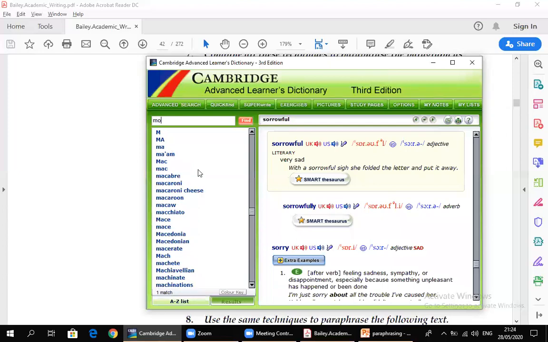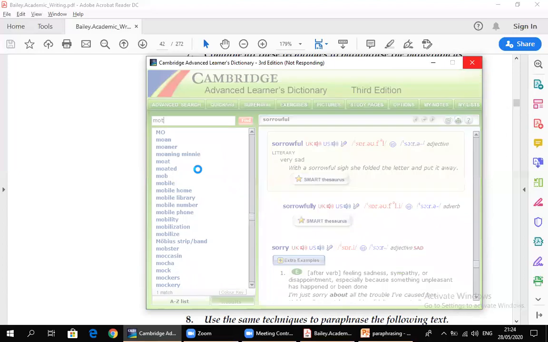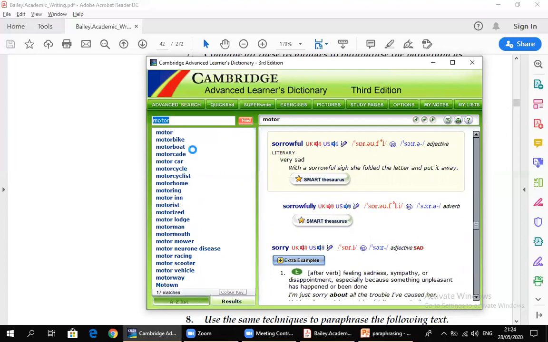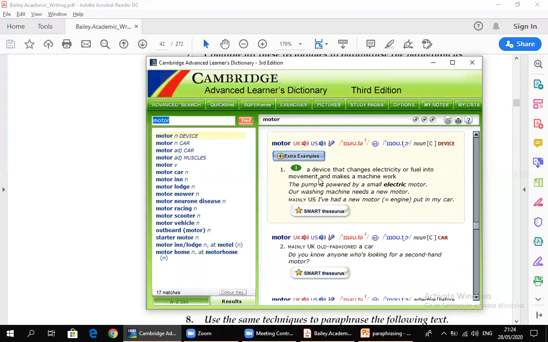So motor can refer to a car. Also, motor can refer to an engine or part of a car or part of something. So it actually depends on the exact meaning of the word motor, because it has different meanings.